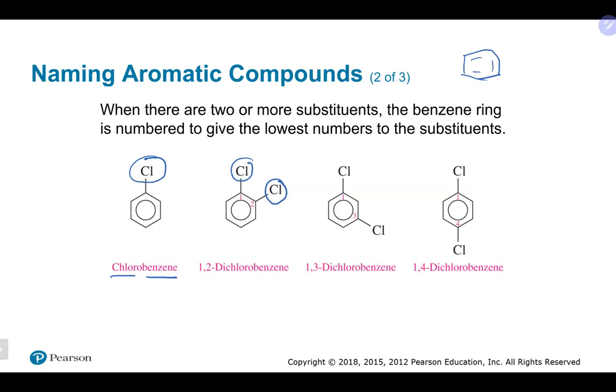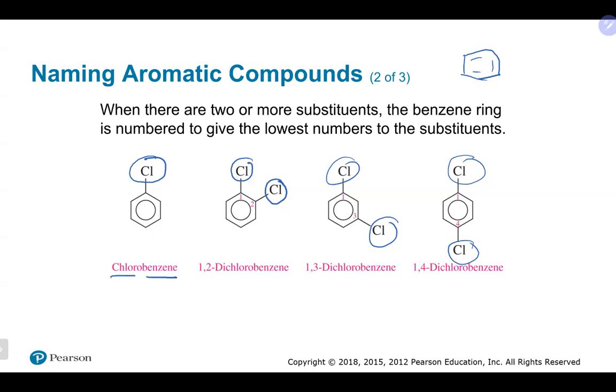Either way you go, you will get there. Also 1 and 3 here is our 1,3-dichlorobenzene, and the 1 and 4 positioning here is our 1,4-dichlorobenzene.